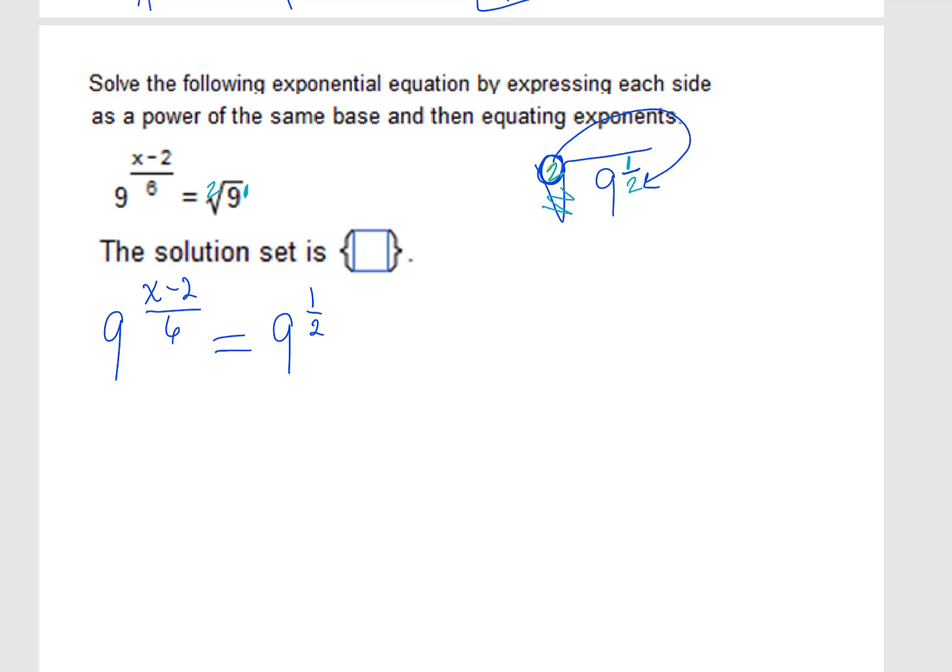When I do that, I'm writing this in exponential form. So you have to get rid of that radical, and that's why the square root of 9 can also be expressed as 9 to the 1/2. Okay, I'm going to give you another example. If this was, I don't know, 3, and let's say we said the 5th root of 3.